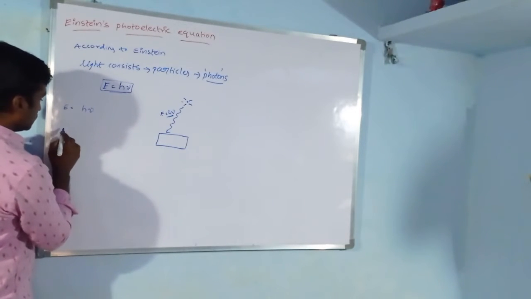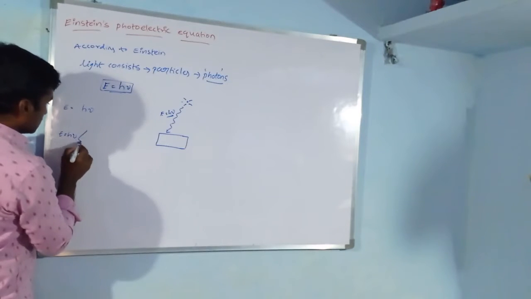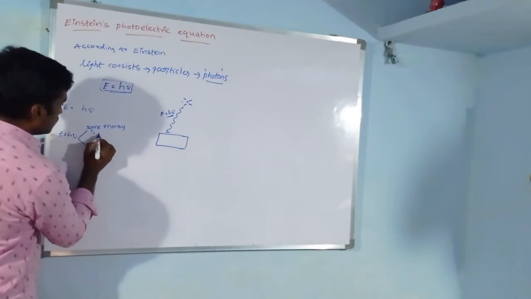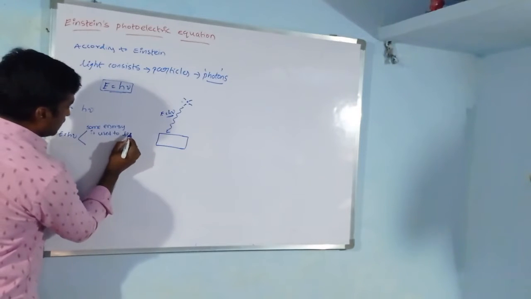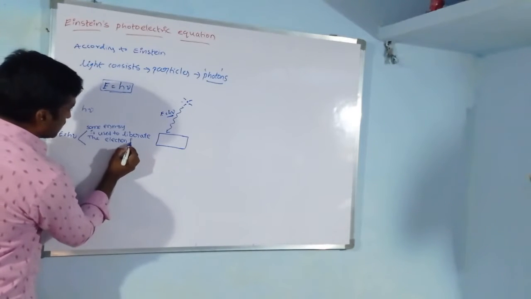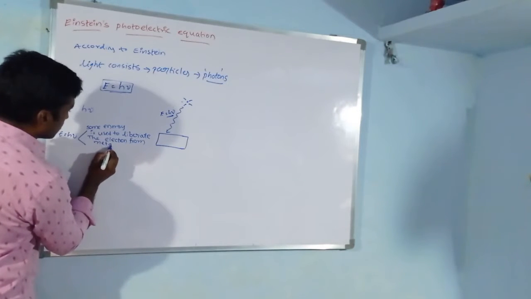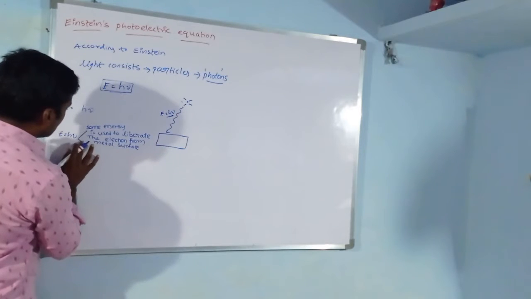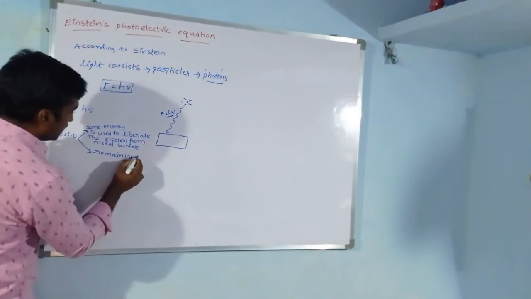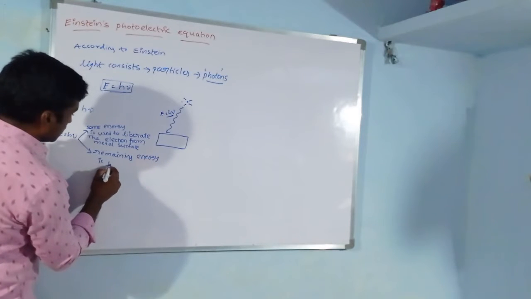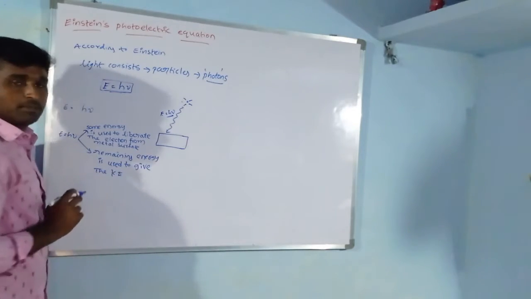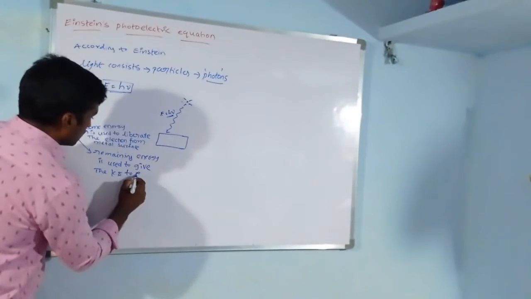Of this h nu, some energy is used to liberate the electron from the metal surface, and the remaining energy is used to give the maximum kinetic energy to the electrons.